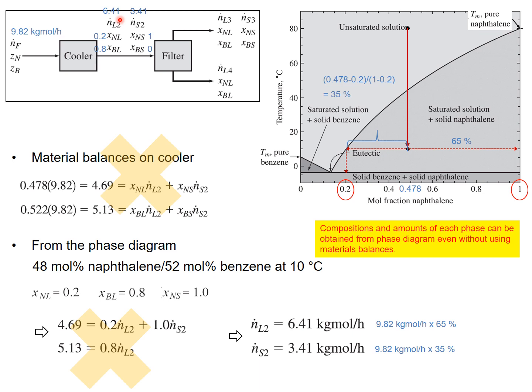Okay, so that's it. By using the phase diagram in temperature and mole fraction coordinates, we have calculated all the information about the stream out of the cooler, which is introduced into the filter. Then let's go to the filter unit.